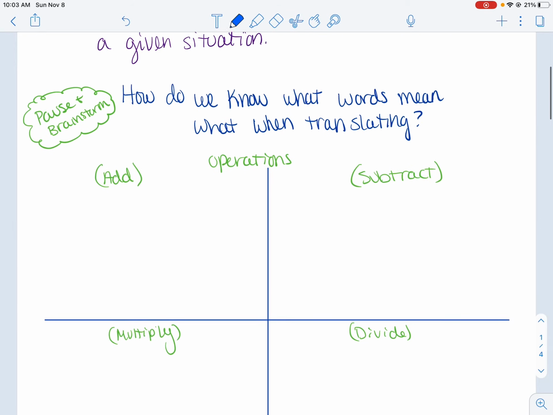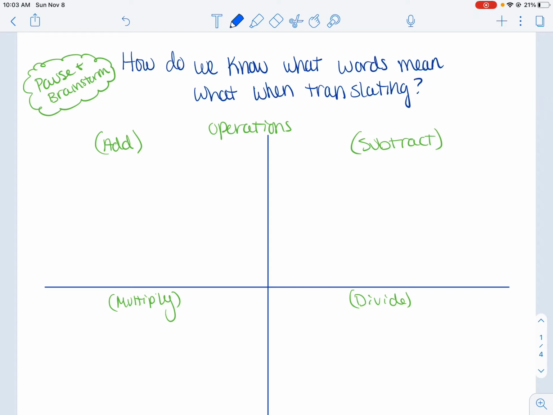So the first thing that we want to talk about is some vocab, right? So how do we know what words mean what when we're translating? We want to think about all of the different words that you've heard of before that mean the same thing in math. So what I would like you to start with is the operations: add, subtract, multiply, and divide.